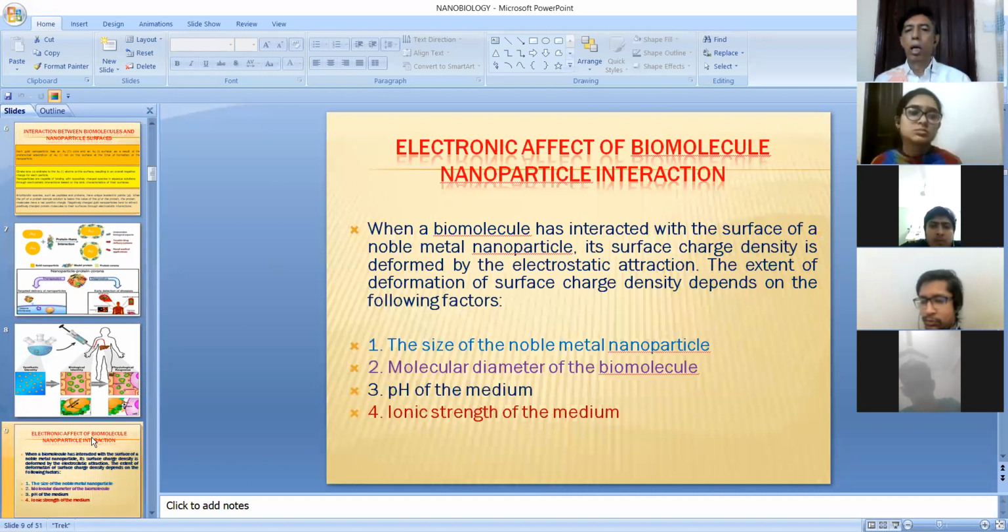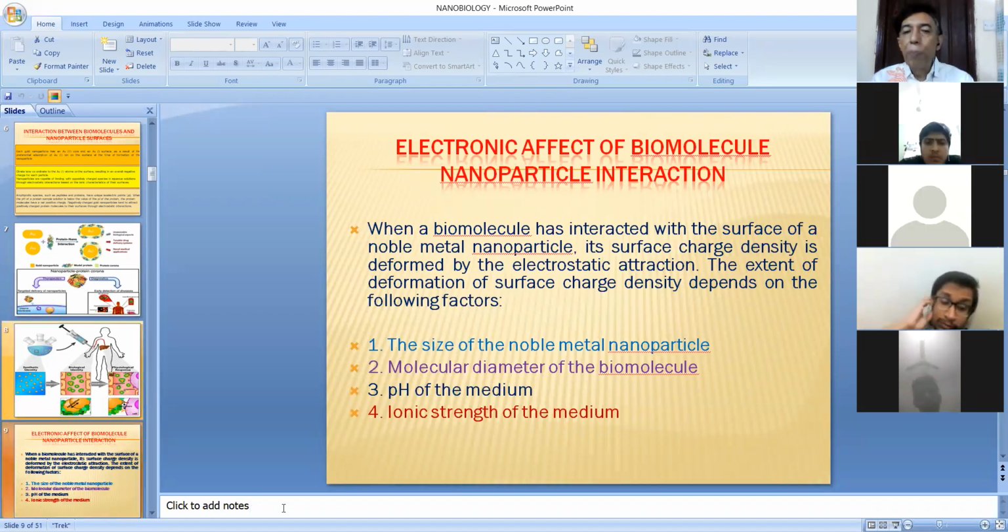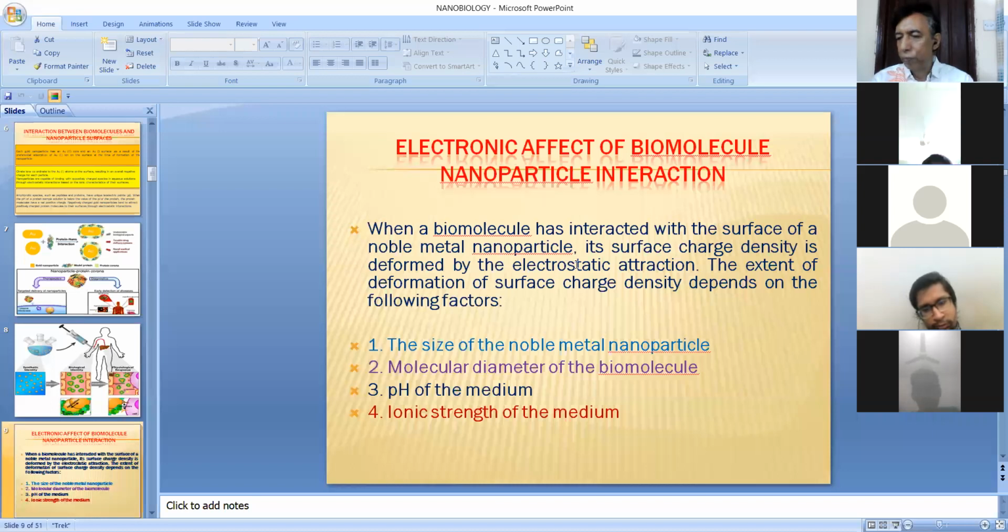Now, there are some electronic effects of biomolecule nanoparticle interaction. They attracted each other. Who? The gold nanoparticle and the protein attracted each other. Then what will happen? When a biomolecule has interacted with the surface of a noble metal nanoparticle, its surface charge density is deformed by electrostatic attraction.